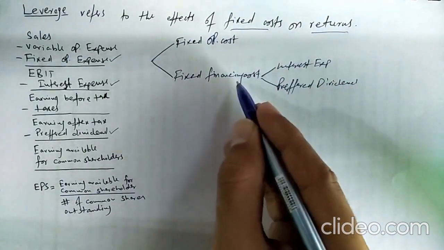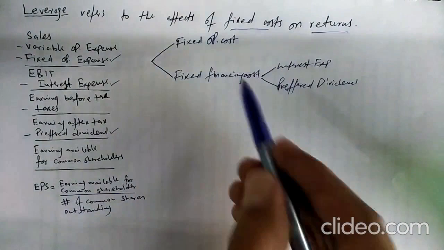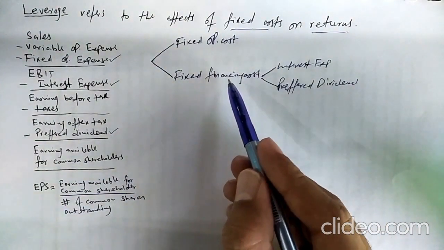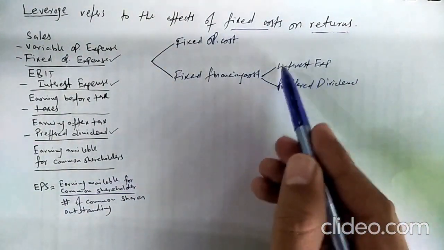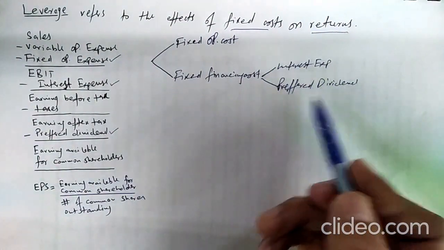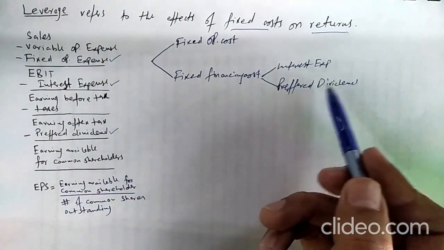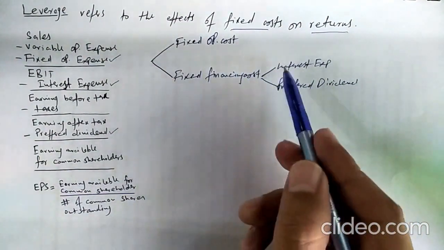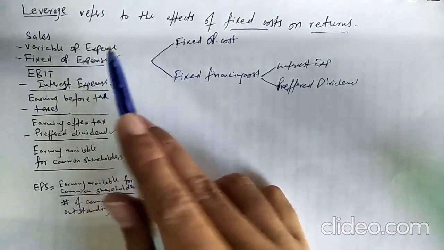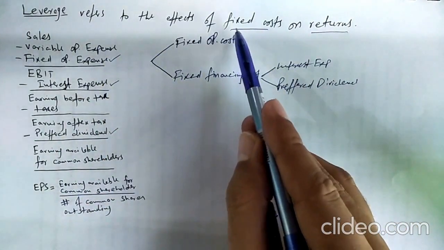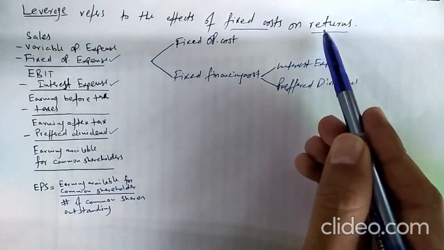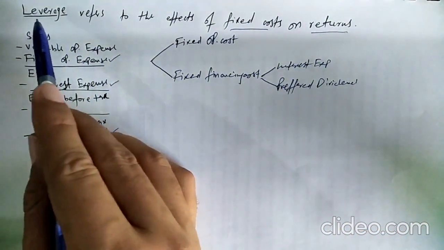I call this a fixed financing cost because we have two sources of financing, debt and equity. The cost of debt is interest expense, and the cost of equity, especially preferred stock, is preferred dividend. So these three are the fixed costs, and in leverages we calculate the impact of these three fixed costs on the returns.